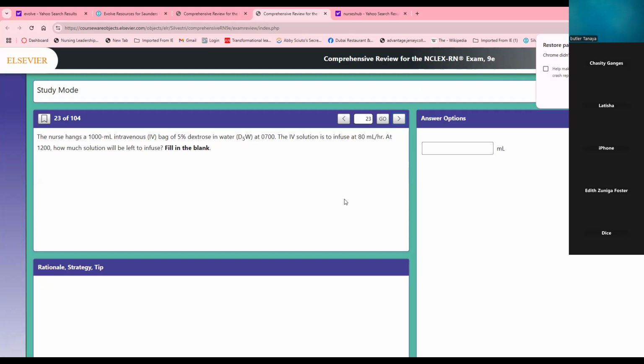First, you need your total solution, right? You have 1,000 mLs. You know that it's running at 80 mLs an hour. Okay. And it started at 7.